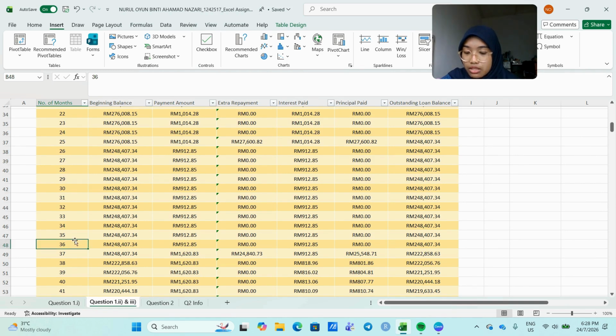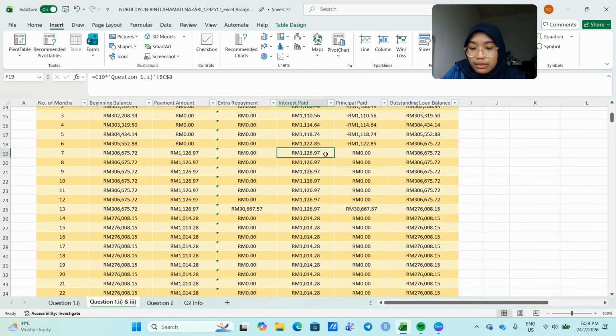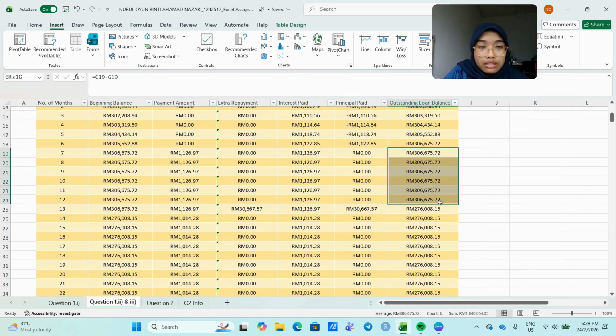During phase 2, from month 7 until 36, since Amir and Sarah pay only the interest of 1,126 ringgit 97 cents per month, the principal remains flat at this, making the monthly interest charge constant throughout this phase.